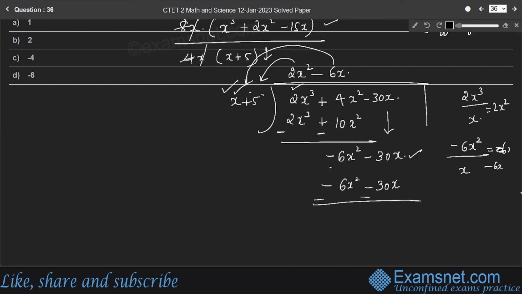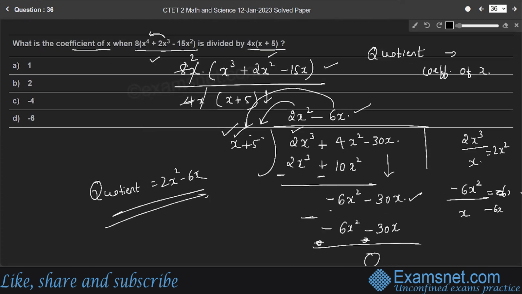Subtract: minus of minus becomes plus, so 6x^2 minus 6x^2 becomes 0, and minus 30x plus 30x becomes 0. Therefore, the quotient is 2x^2 minus 6x. The question is, what is the coefficient of x in the quotient? The coefficient of x is minus 6. Therefore, minus 6 is the coefficient of x, option D.